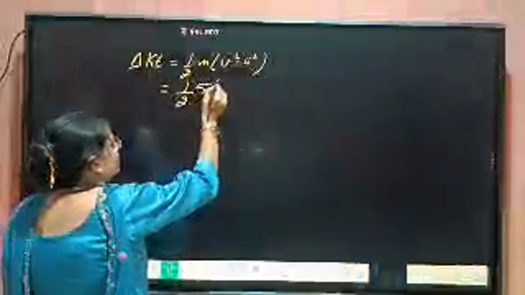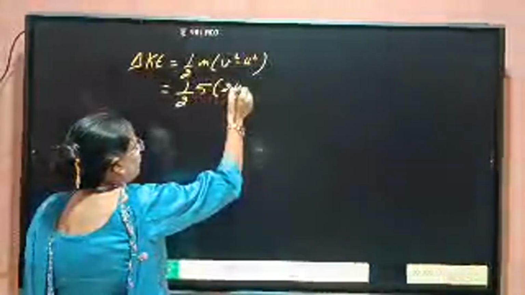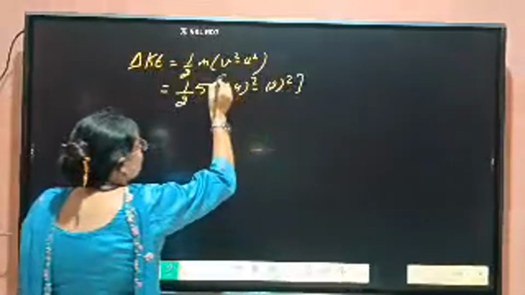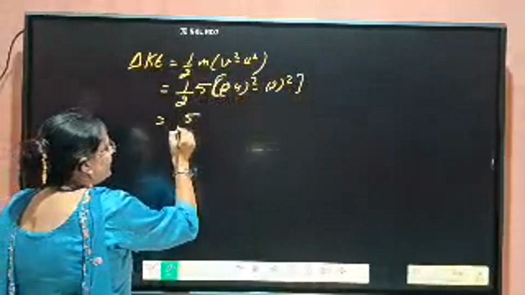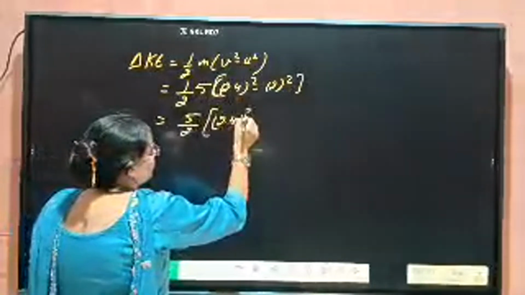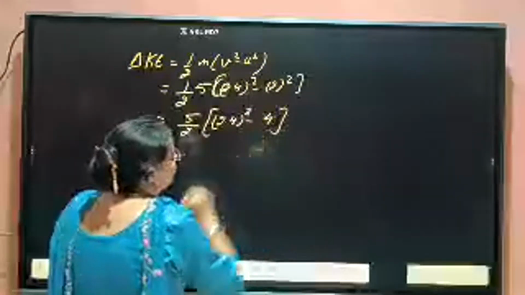Then 2.4 final velocity square minus initial velocity 2 square. Solve this one, then here 5/2 into 2.4 square minus 2 square, which is 4.